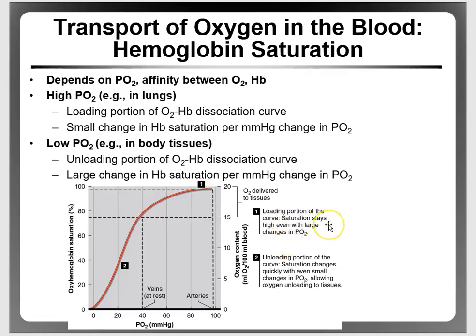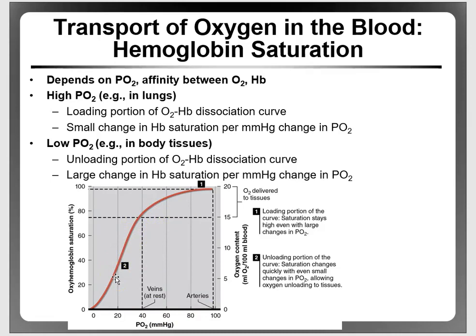Basically, we're saying that the saturation stays high even with large changes in the partial pressure of oxygen, okay? So we still keep hemoglobin very saturated, and that means that the maximum amount of oxygen is bound. Why? Because where are we? We're in the lungs, okay? As this partial pressure of oxygen starts to decrease, eventually so does the hemoglobin saturation. And that moves us into this steep portion of the curve.